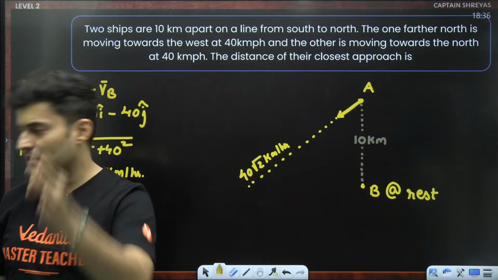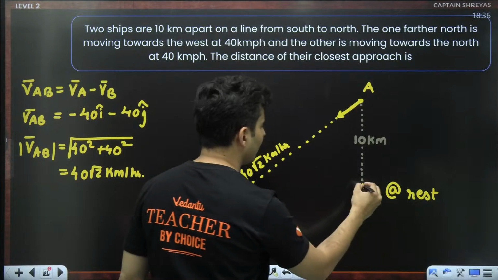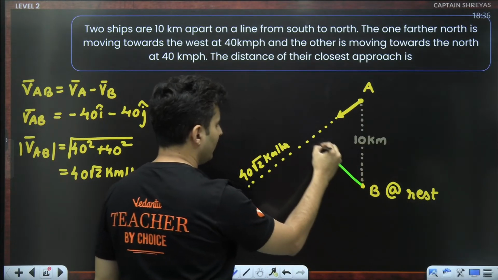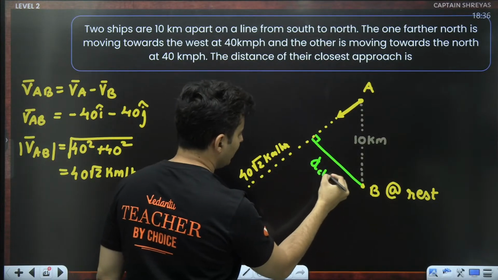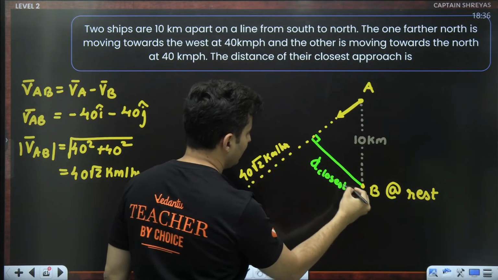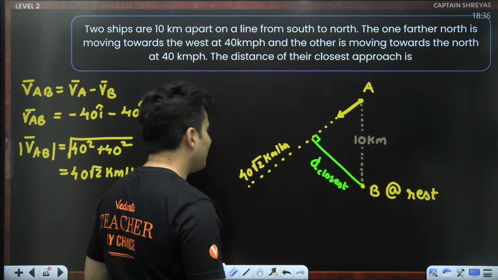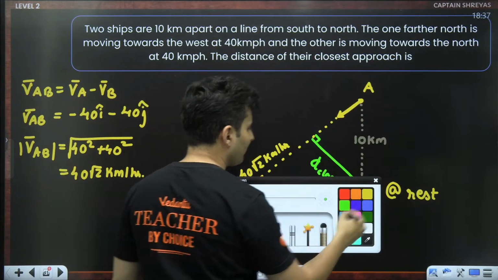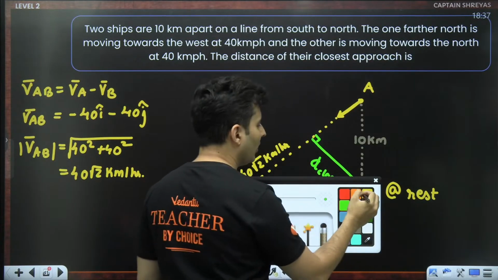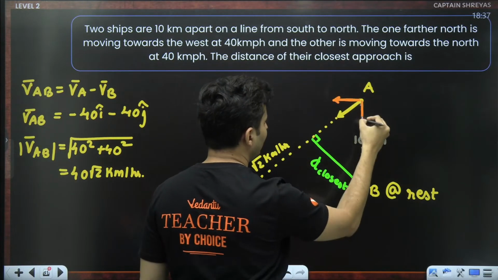So how do you find the closest distance now? Just drop a perpendicular. If I drop a perpendicular like this, very nice. This is the closest distance. Oh, amazing. But wait a minute. This is minus 40 i minus 40 j, which means the components would have been equal.